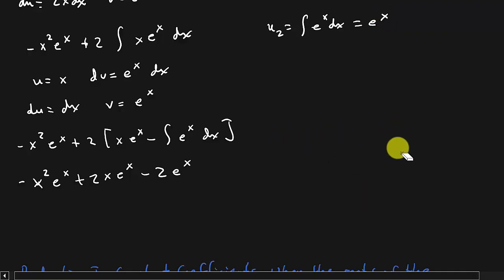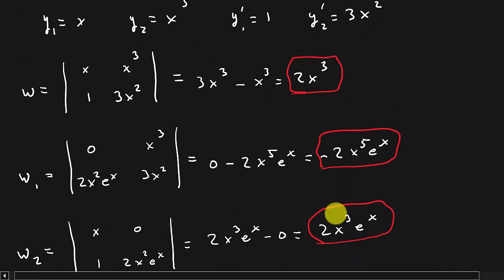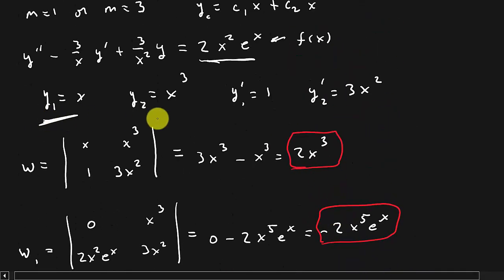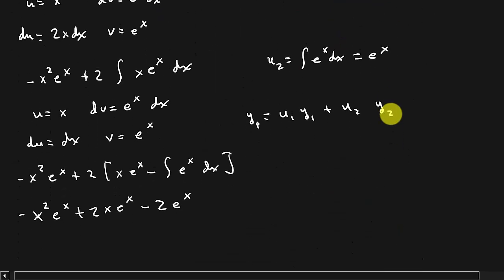All right, so now I get yp is equal to what? u1 times y1 plus u2 times y2. And remember, y1 is x, y2 is x cubed. So let's write that here: y1 is equal to x, y2 is equal to x cubed.